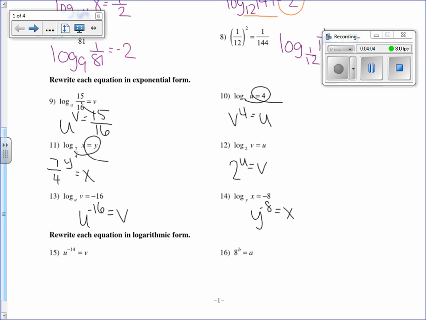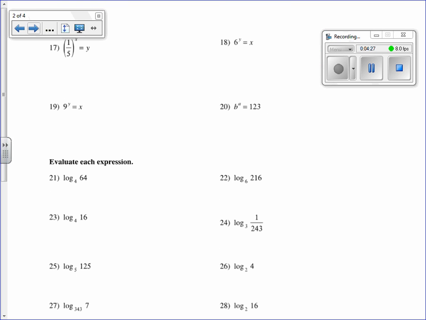The next section, we're going from exponential to logarithmic. So if you want, you can make the L. So in this case, this is going to be log base U of V equals -14. This one, if you want to make the L, you can. So it's going to be log base 8 of A equals B. Flip the page.